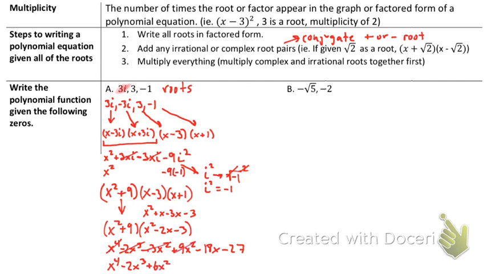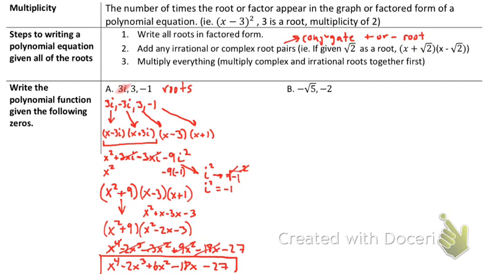And then negative 18x, and then negative 27. So this would be our polynomial. And that's essentially how you go from the roots and turn the roots back into what problem we should have originally had.